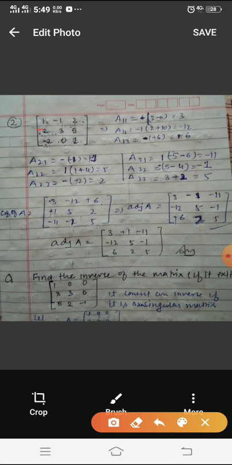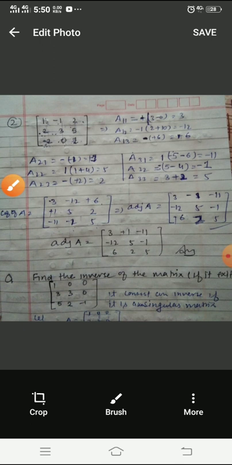Similarly, you can find for the second row, and you first find the first element. So you have to eliminate this row and this column. What is remaining? Minus 1, 0, 2, 1. You get minus 1 into minus 1... What is outside? Minus 1 to the power 2 plus 1, so it is minus 1.